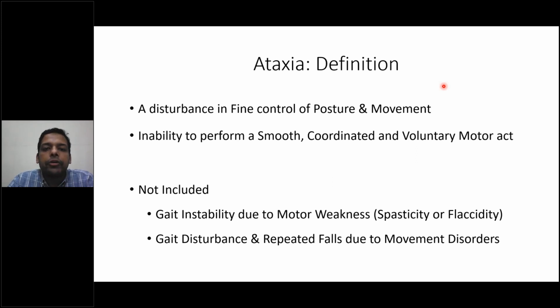So it becomes very important here to know what is not included as ataxia. Any gait instability which may be due to a motor weakness, maybe spasticity due to an upper motor neuron lesion or flaccidity due to a lower motor neuron lesion, such instabilities or inabilities to perform smooth movement due to motor weakness are not included in ataxia.